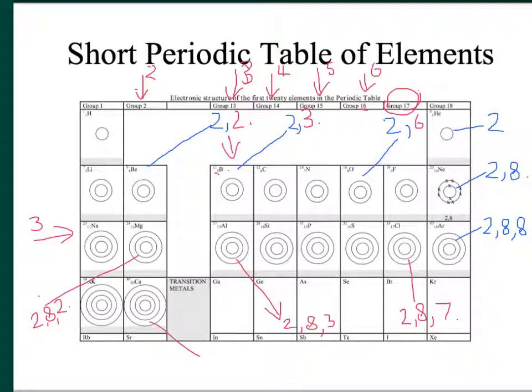Calcium is 2, 8, 8, 2. 4 numbers because it's got 4 shells, it's in the 4th row, it's in group 2, so it has 2 electrons in the outer shell. So what you will notice, everything in group 2 has 2 in the outer shell, everything in group 13 has 3 in the outer shell, everything in group 14 has 4 in the outer shell, and so on.